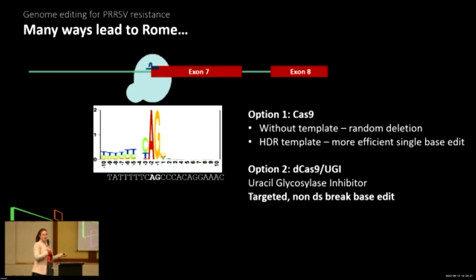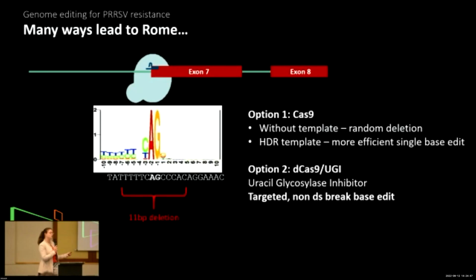Sadly for us, we tried the base editors, and the base editors at this position are predicted to be really poor at 0.4% efficacy. And the conclusion was we cannot edit this well enough. So we had to go for the random deletion or the HDR template. And one of the options we have is an 11 base pair deletion pig.